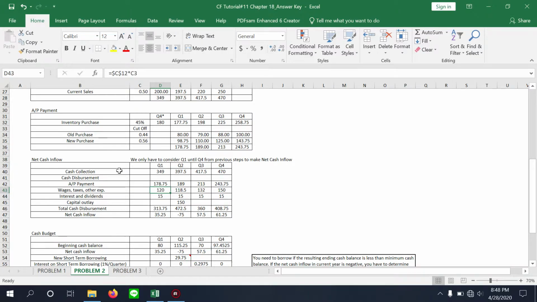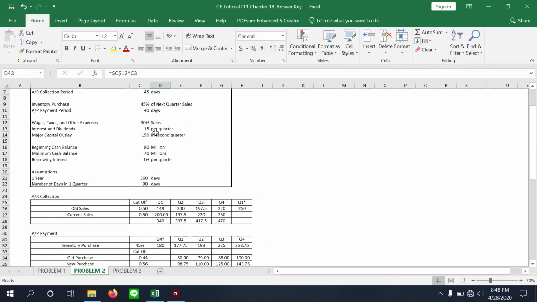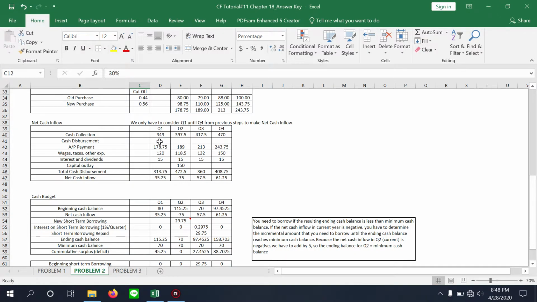You can see here that wage, tax and other expense is around 30% of sales. So please be reminded that there is information you need to look at. After that, you will find the total cash disbursement, which gives you the net cash inflow.